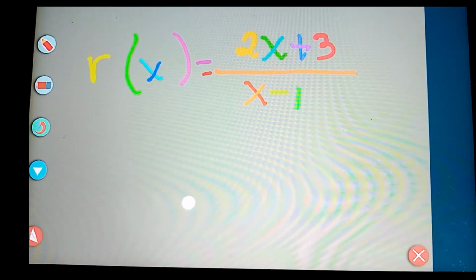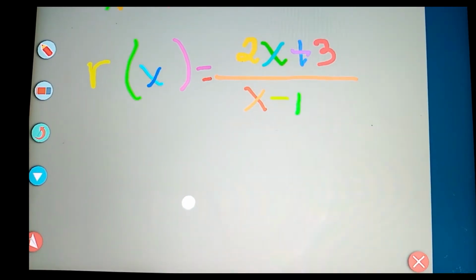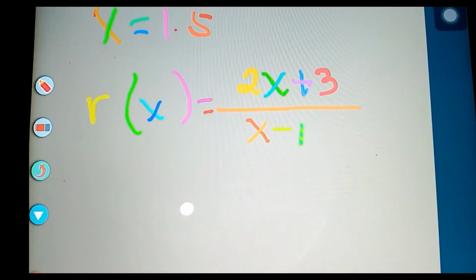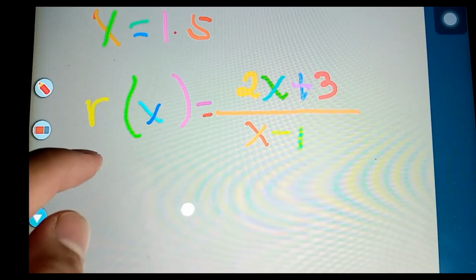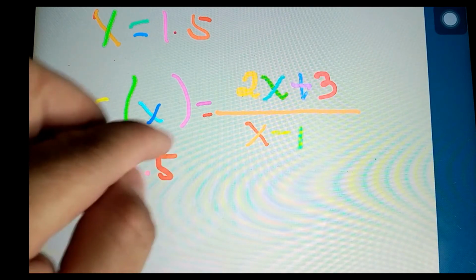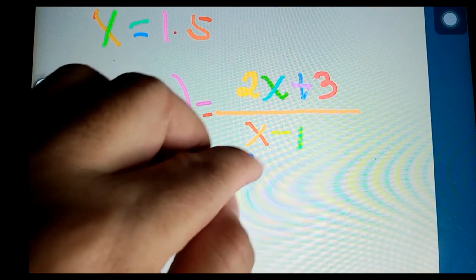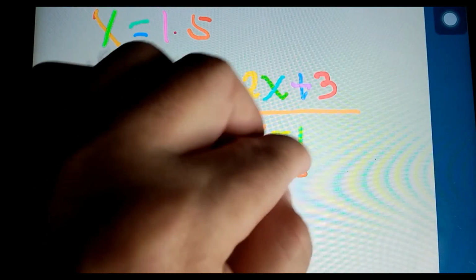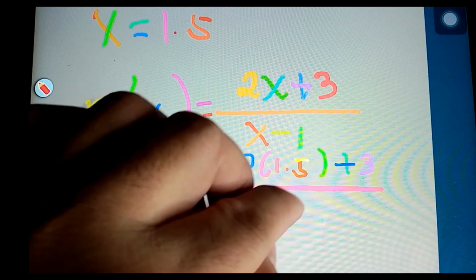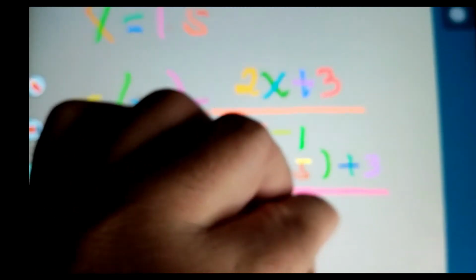Replacing the value of x, which is 1.5, r of 1.5 equals 2 times 1.5 plus 3 all over 1.5 minus 1.